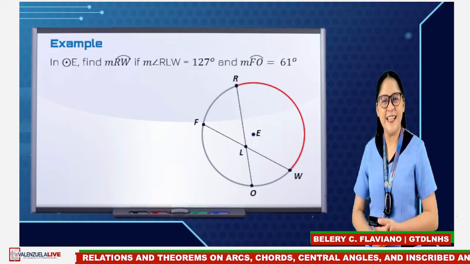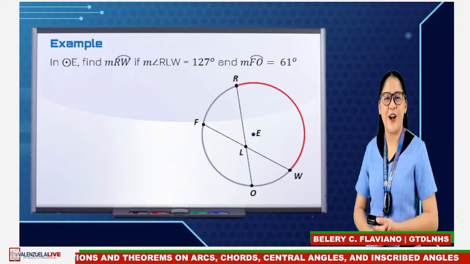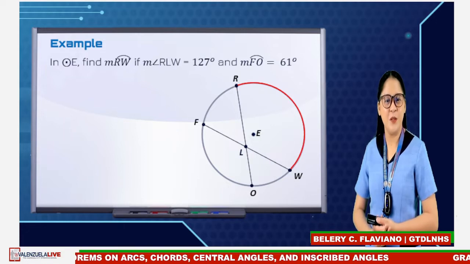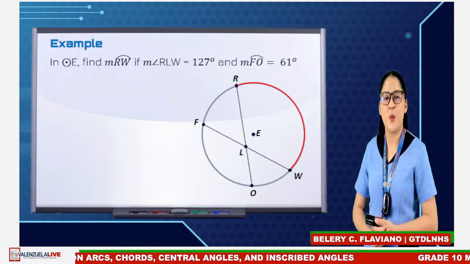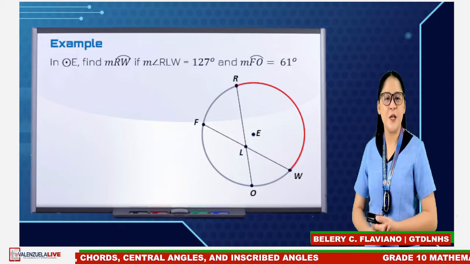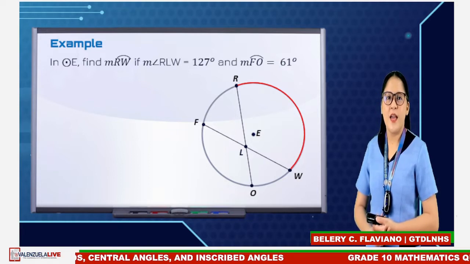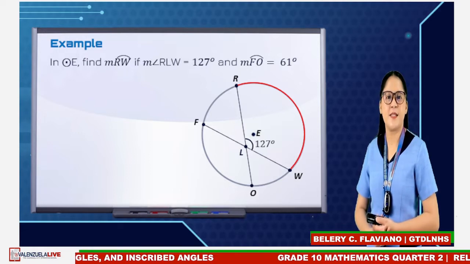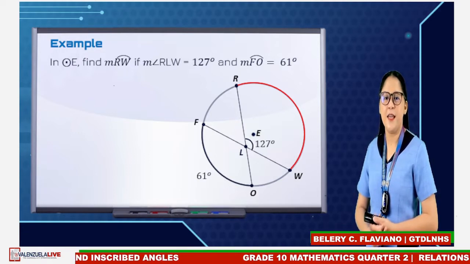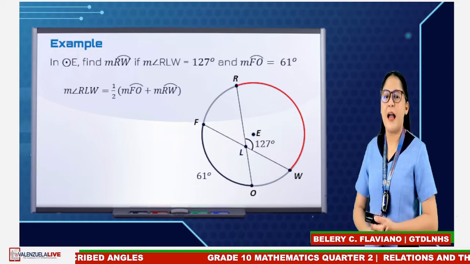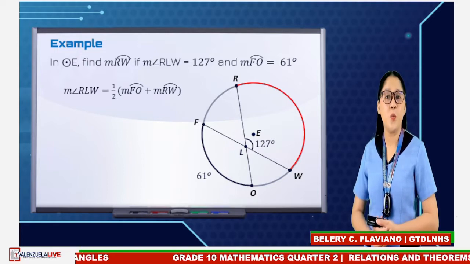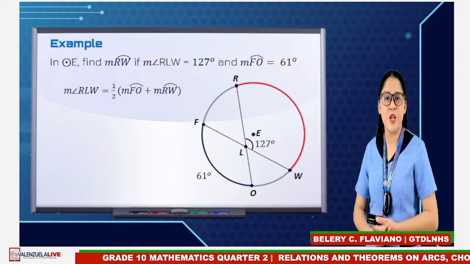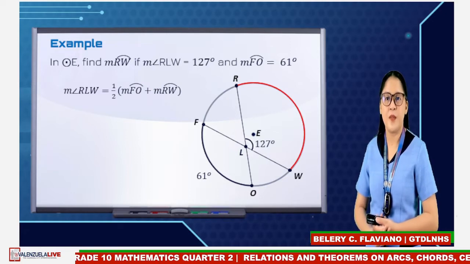In circle E, find the measure of arc RW, if the measure of angle RLW is equal to 127 degrees and the measure of arc FO is equal to 61 degrees. So here's the solution. The measure of angle RLW is equal to 1/2 the measure of arc FO plus the measure of arc RW.